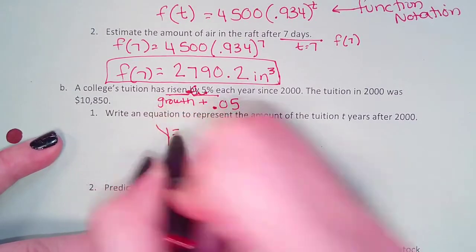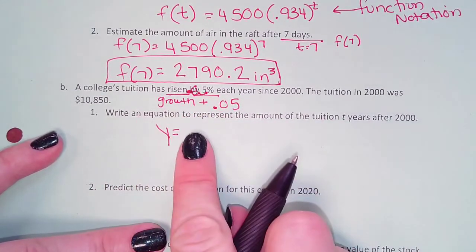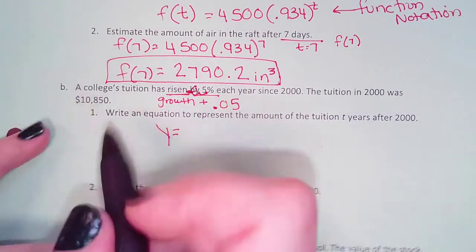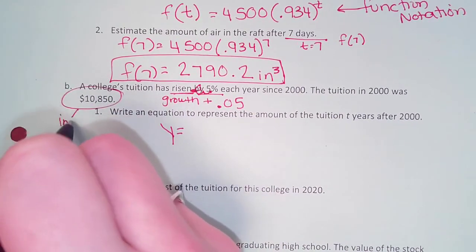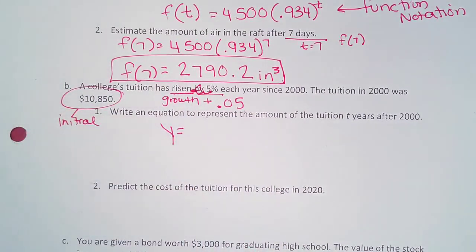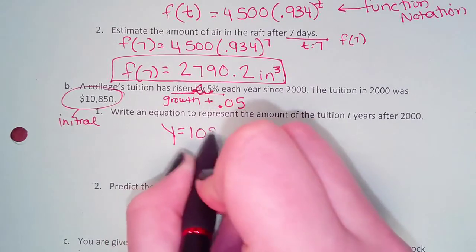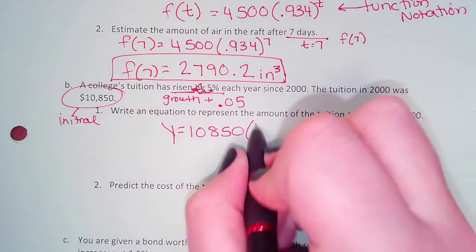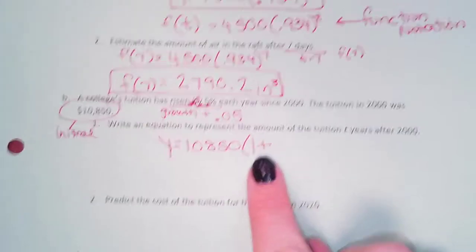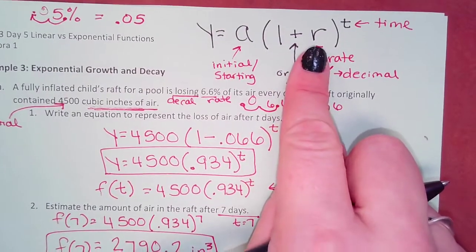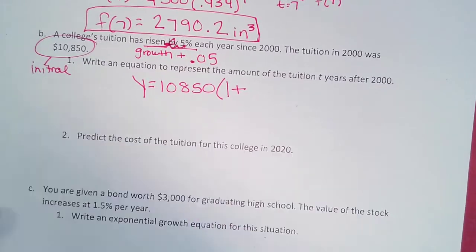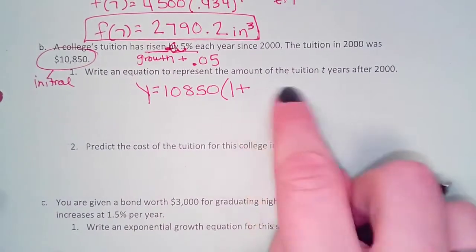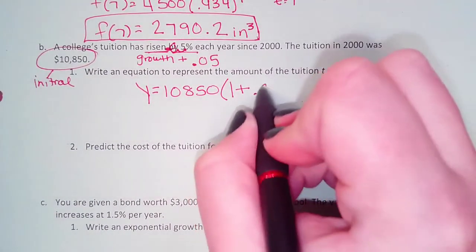And let's write our equation. Y equals initial value first. So how much did we start with? Tuition started out at $10,850. Multiply by the rate. So 1 plus, because it's growth, R is your rate in decimal formation. Don't put 5. This should always be a decimal. 0.05.